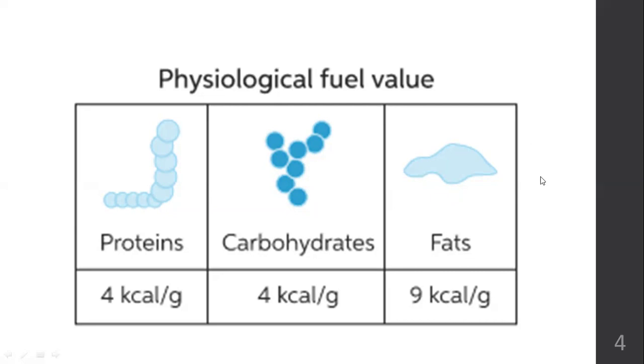Physiological fuel value is slightly different from the laboratory fuel values, because when you eat proteins, carbohydrates, and fats, the entirety of it is not accounted for by your body. Some part of the food is lost in digestion.